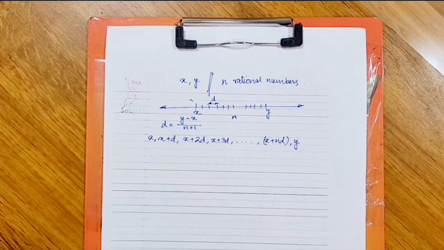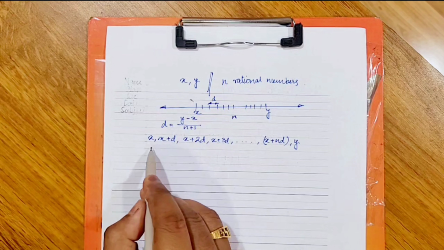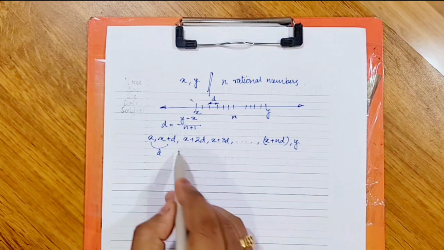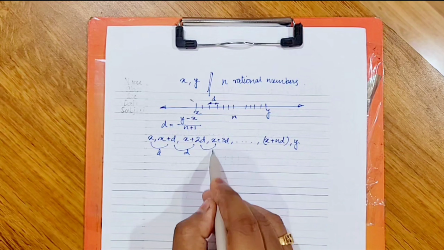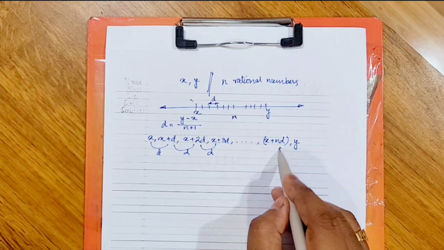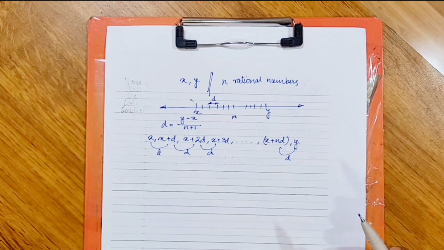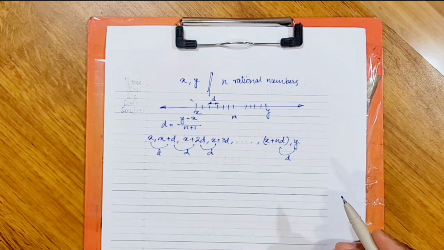Now I'm writing x and y before and after that series. Why could I write it that way? Because the difference here is d, d, d, and the last one will also be d. Now let me prove that to you, why the difference will still remain as d.